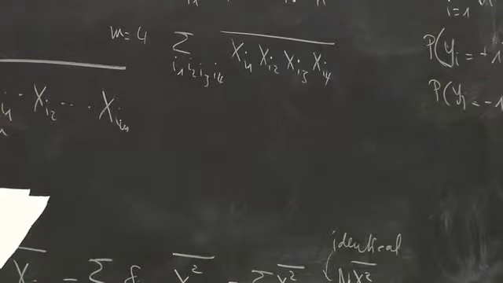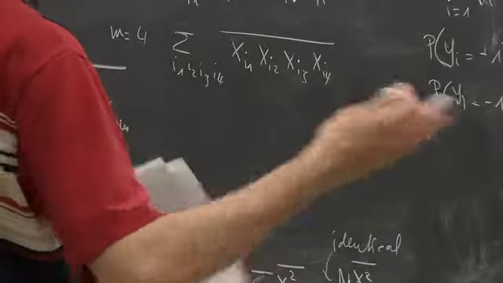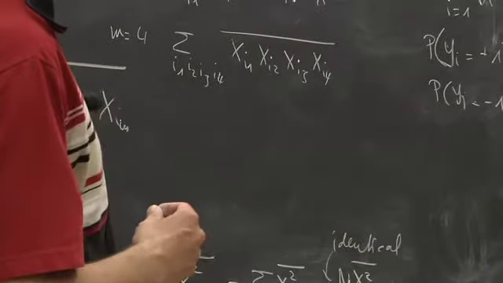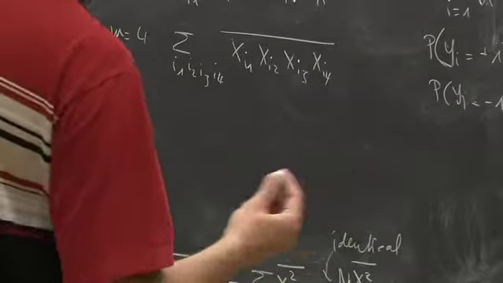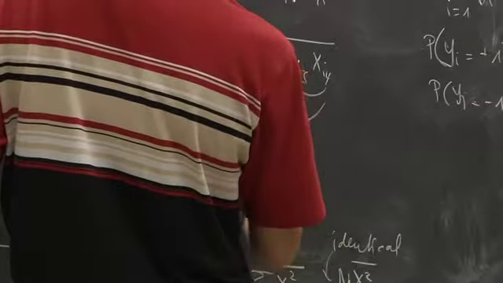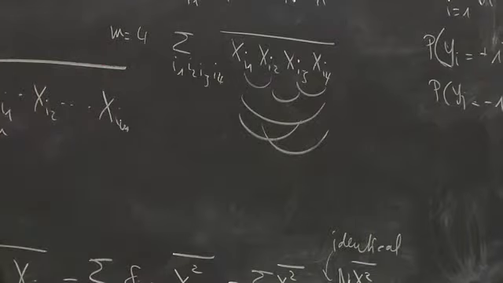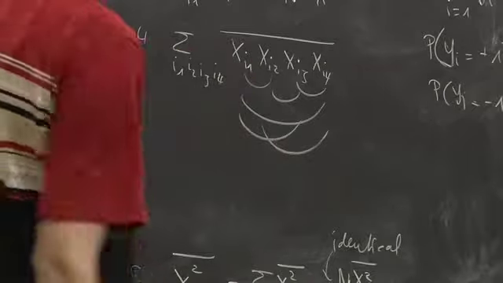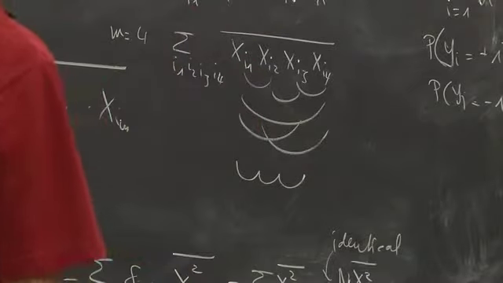So all indices have to come together with other indices and be equal. How can I do this? 2 and 2, for example, or this, or this, or all of them equal. Can I do 3 and something? No, because then there's only one left, and that's not possible.